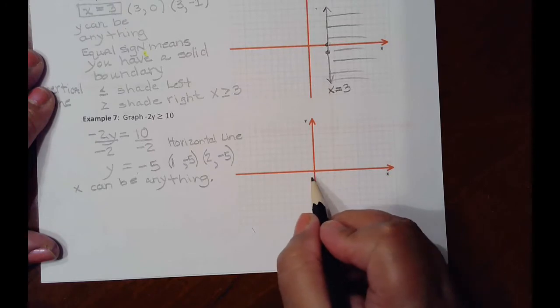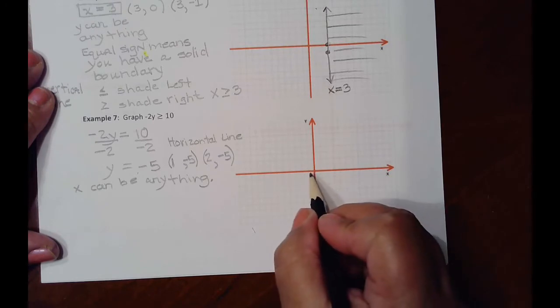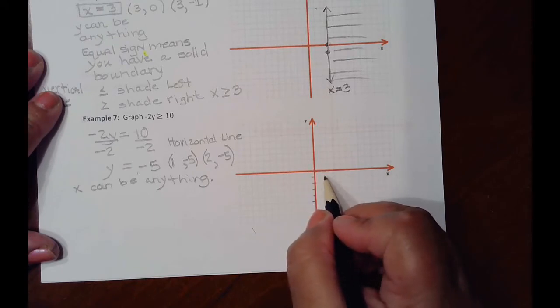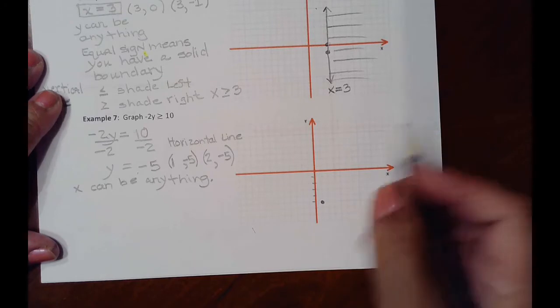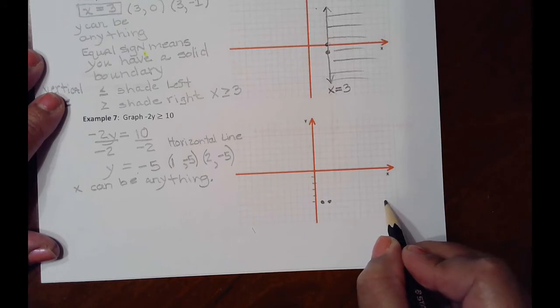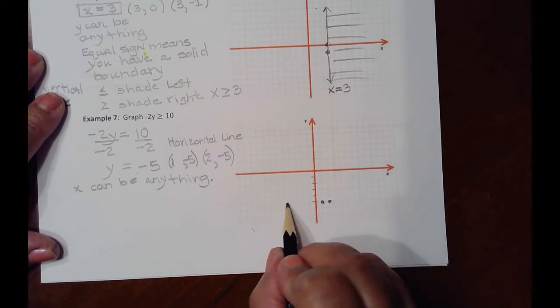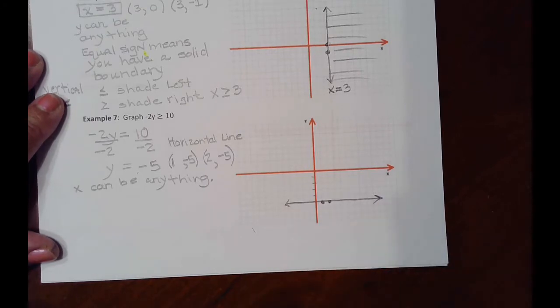Okay, so 1, negative 5 is right there. And then 2, negative 5 is right there. And it would just be a bunch of points that line up at a depth of negative 5. So you can draw that line right through negative 5.